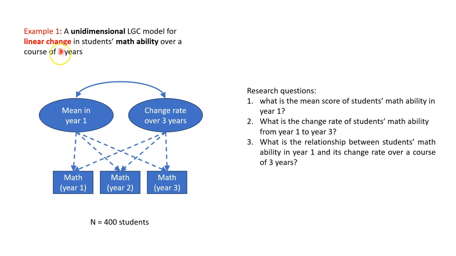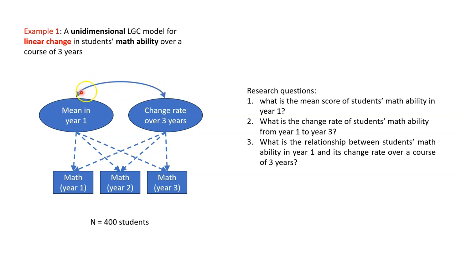In this figure, which is considered as a unidimensional LGC model because you are just focusing on math ability of the students, there are 2 factors. This factor captures the mean of math ability at the starting point of our assessment, which is year 1, and this factor captures the change rate of math ability over a course of 3 years. So these 2 factors are very important, as well as the relationship between these 2.